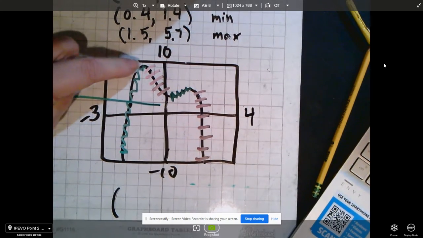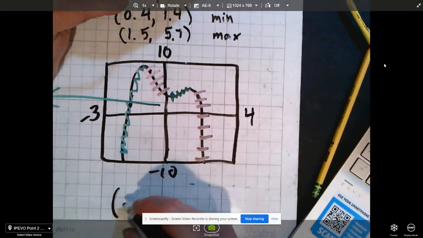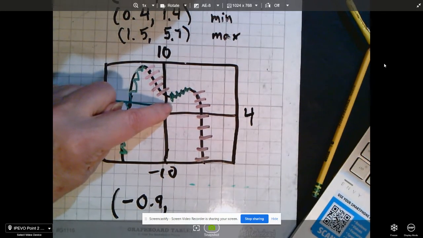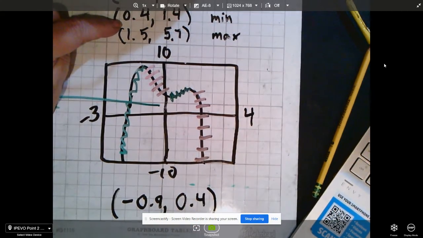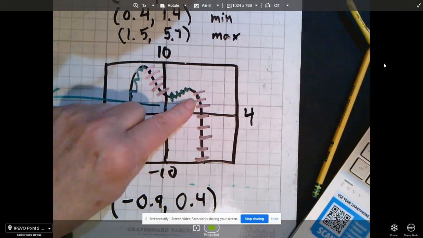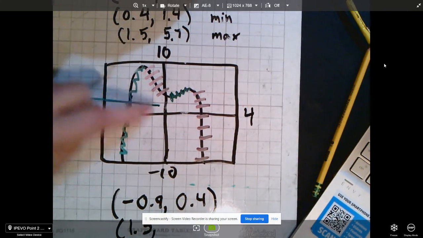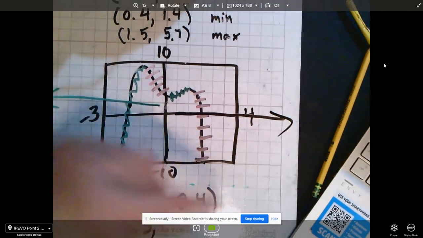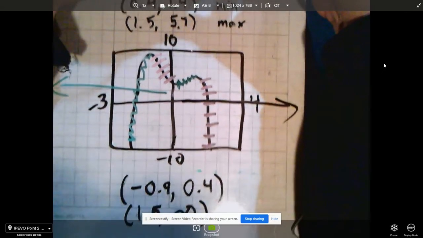So it starts to decrease at this maximum point, so it's going to start to decrease at -0.9. And it's going to stop decreasing at this minimum point, or at 0.4. This next one is going to start decreasing at 1.5, but it's going to stop decreasing. Remember, this graph goes on and on forever, so it's going to stop decreasing at infinity. So then these here would be my two decreasing intervals.